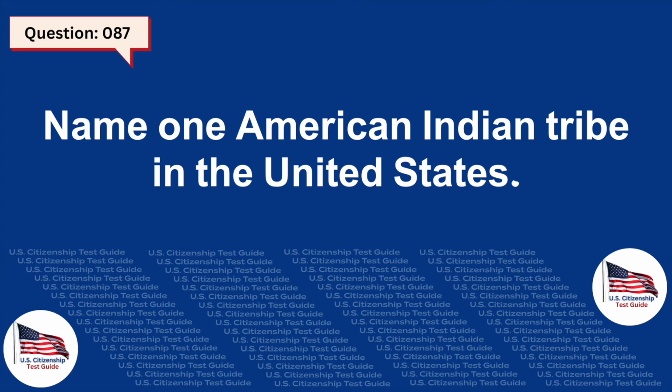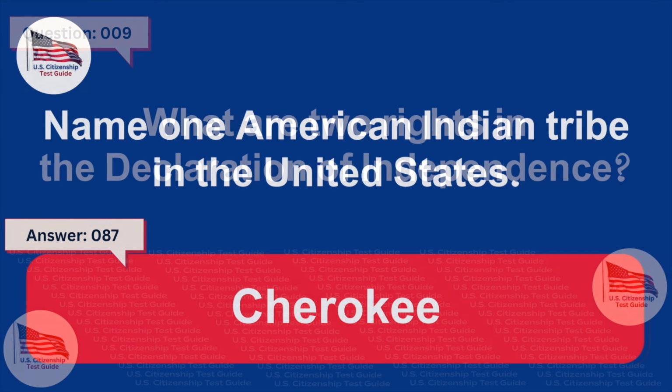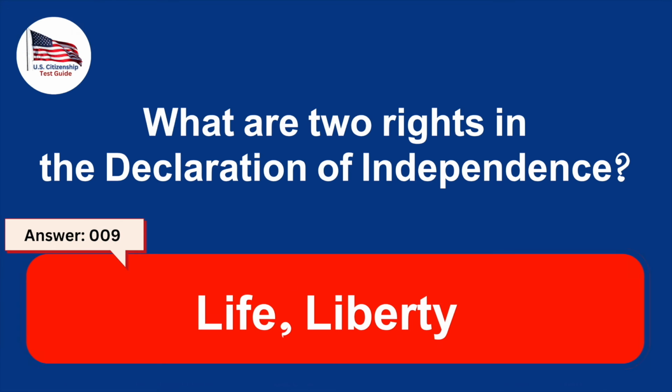Name one American Indian tribe in the United States. Cherokee. What are two rights in the Declaration of Independence? Life, liberty.